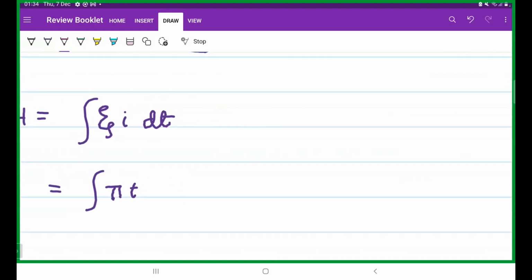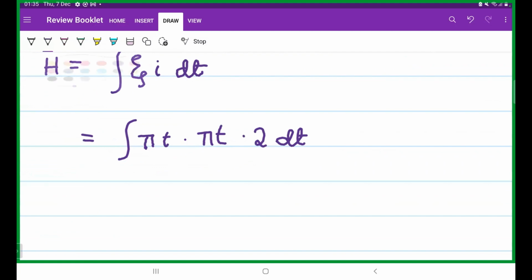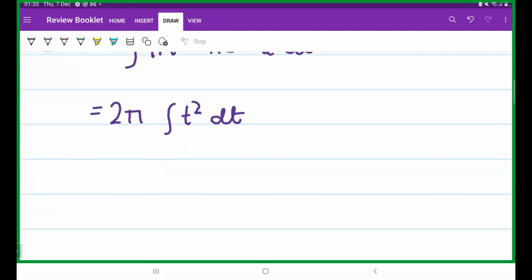We'll simply put the values here. t square dt. Therefore, t cube by 3, right?